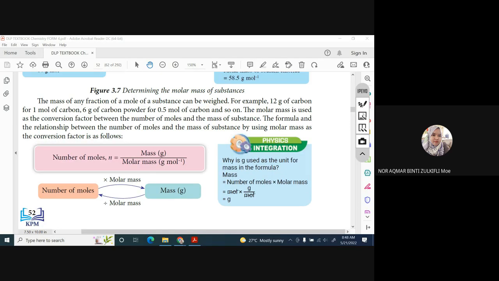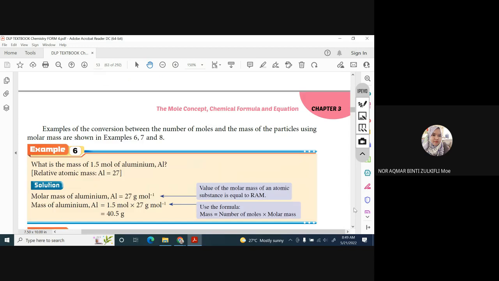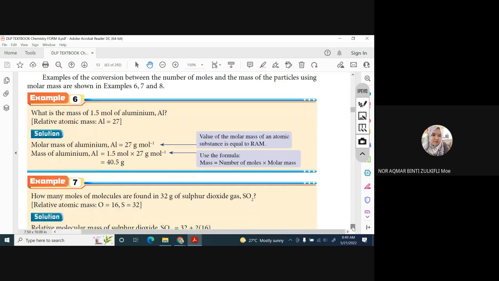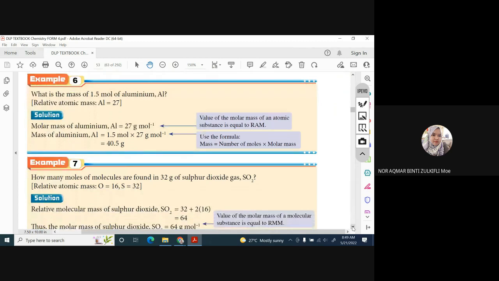So this is mass. The formula is moles equal to mass over molar mass. Mole equal to mass over molar mass. It's easier to look at an example.